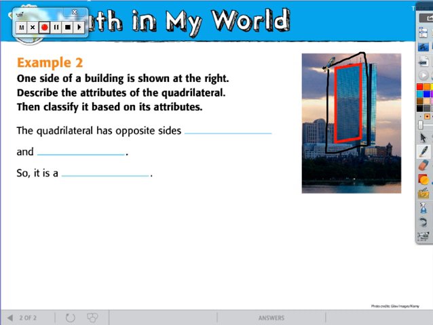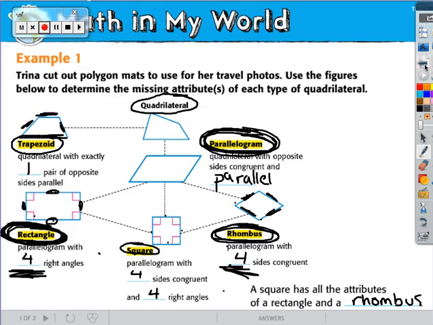Well, this is where I thought we would be. So we're going to go right back to our last thing, and we're going to talk about this for a second. You're going to make sure that you write this down someplace. We have 3 different things that we look for when we are determining what kind of quadrilateral it is. So we have 1, 2, 3. 3 things we are looking for.